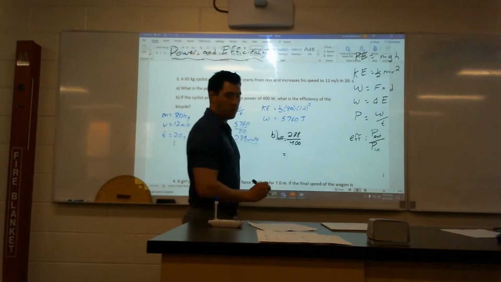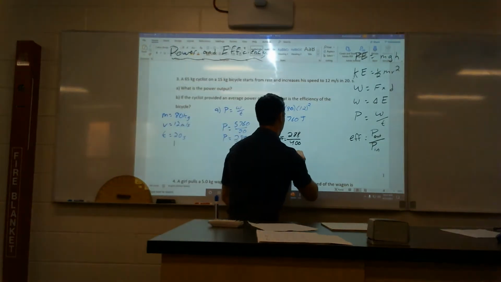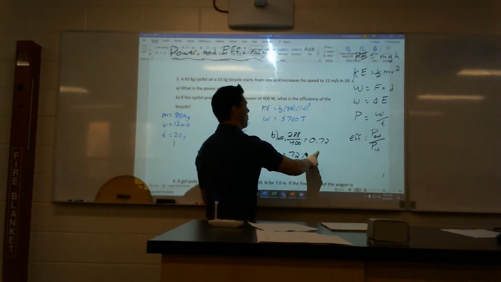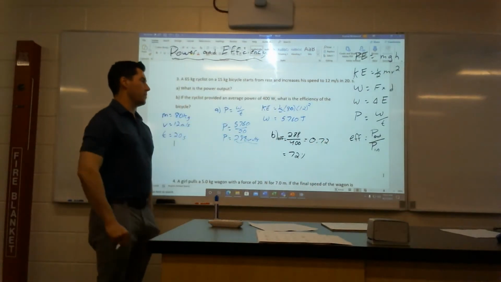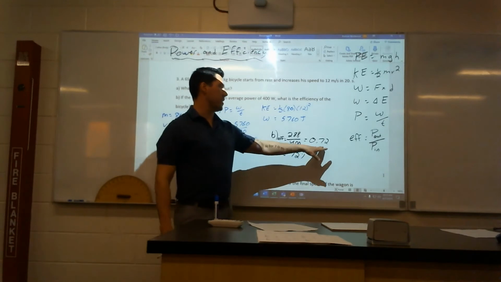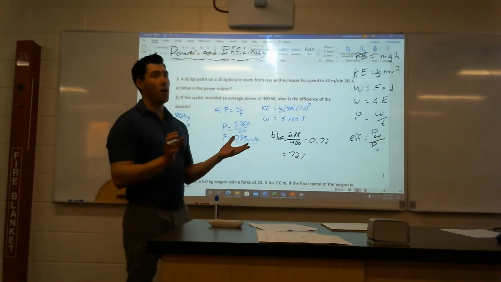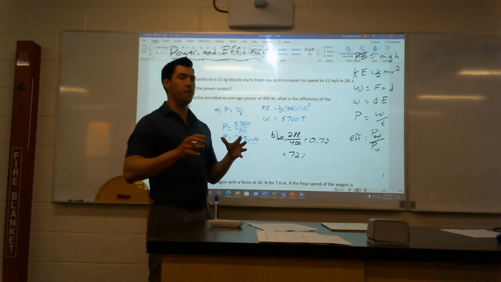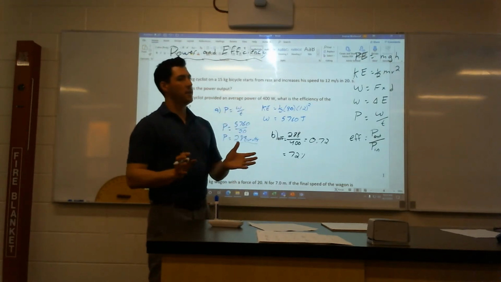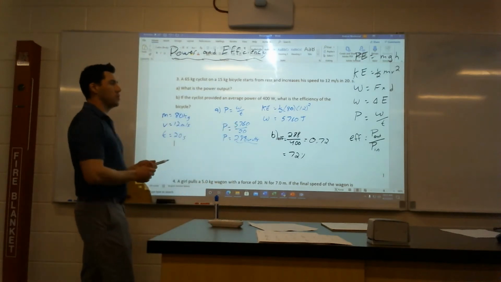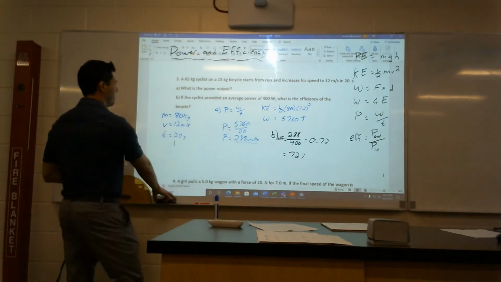This gives you 0.72, which turns into 72%. Remember, whenever you get a decimal and want to turn it into a percentage, times it by 100. So that's actually not bad. 72% efficiency for a machine, even if it is a bike, is honestly pretty good. Hopefully that was a pretty good question. Let's keep going.